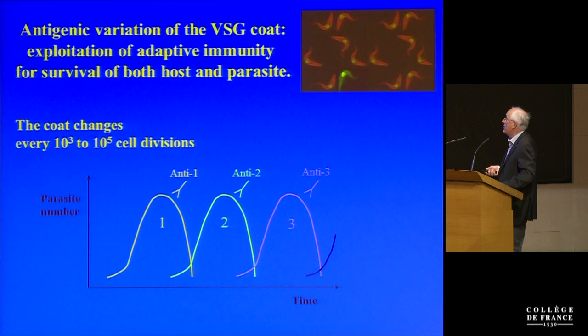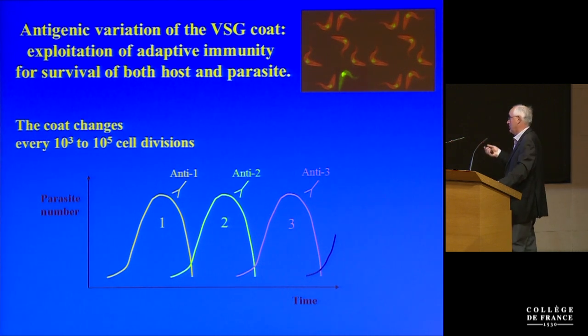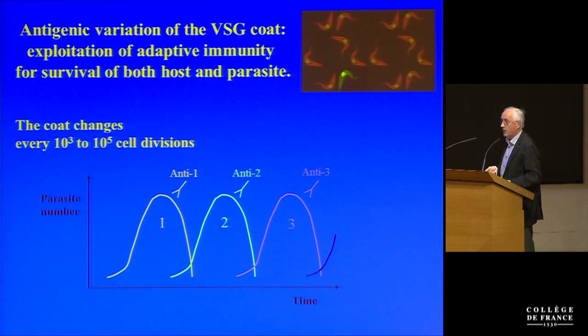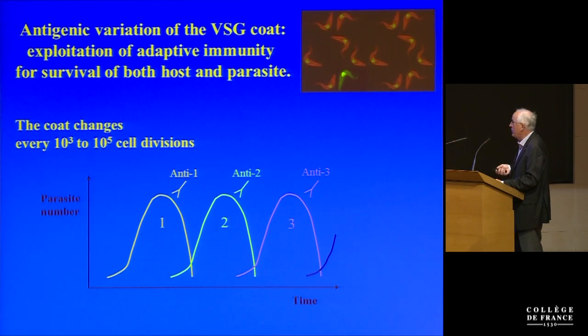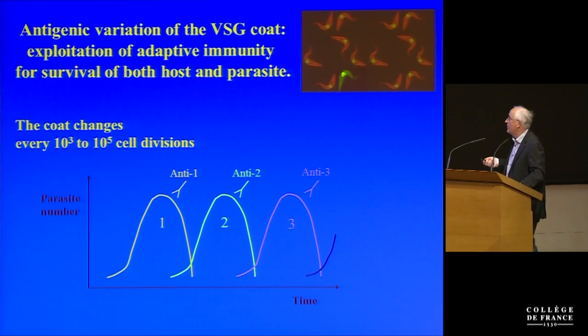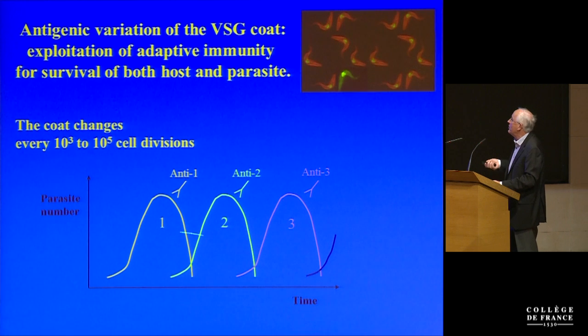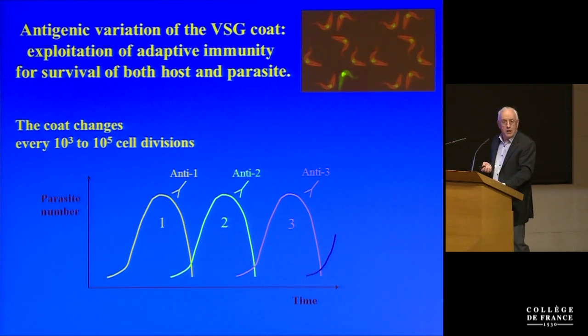So what is required for the parasite to stay in the host is to regularly change at least the surface exposed loops that are playing with the antibodies. This allows the parasite to stay for a long period of time in the blood, because it is playing with the antibody response of the host to continuously control its own growth.